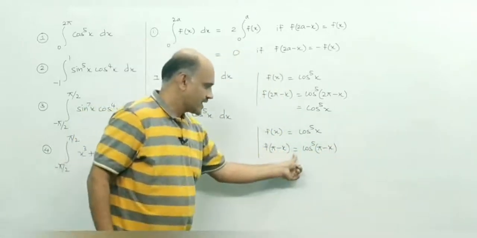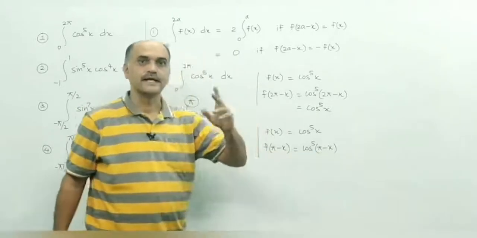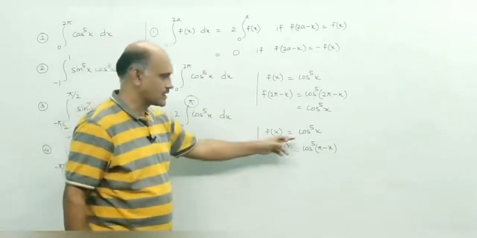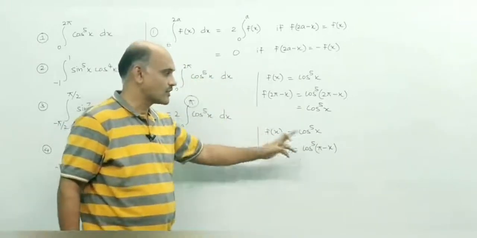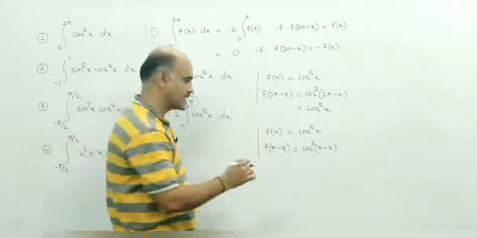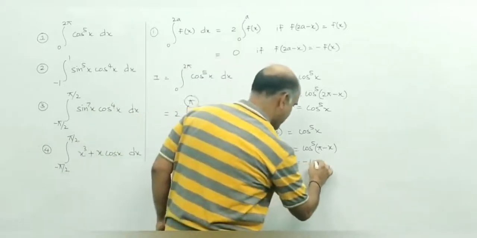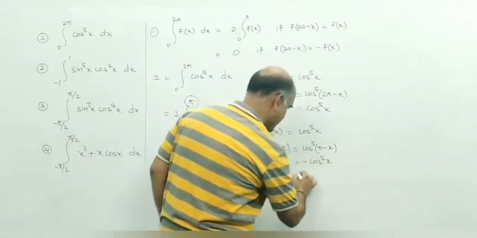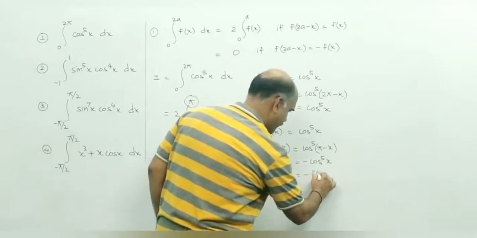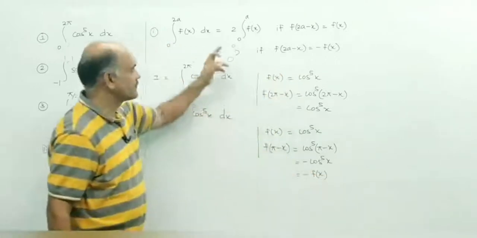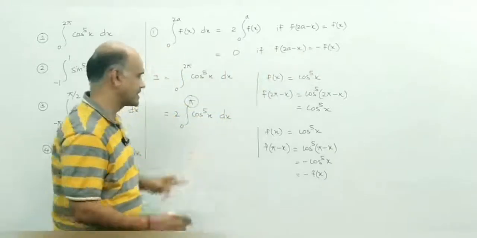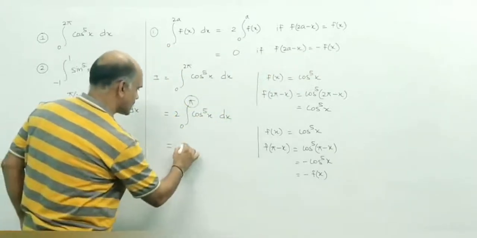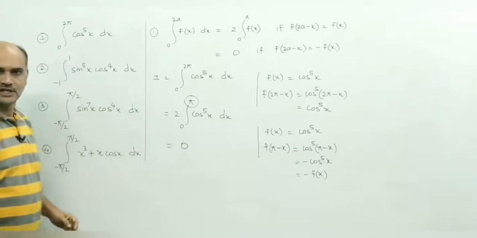So cos 180 minus x is minus cos x in the second quadrant. Power is odd, cos raised to 5, so if it is odd, the minus sign remains. So this becomes minus cos raised to 5x, so this is minus f of x. So if f of 2a minus x is minus f of x, then the answer is 0. Clear, students?